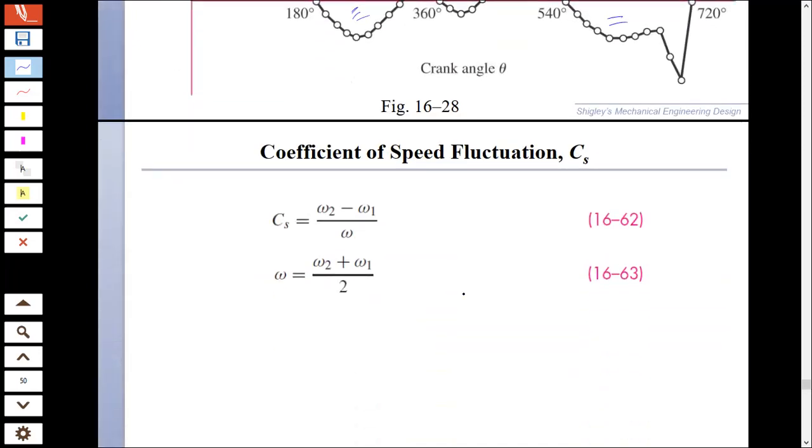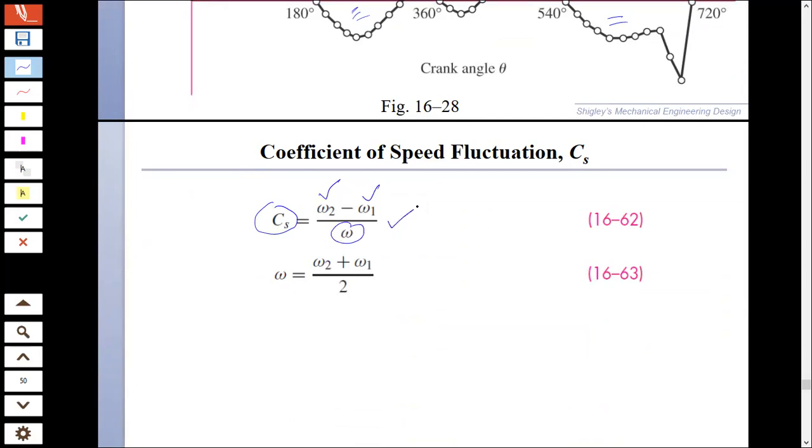Now there are two different quantities that we define here, and those are the CS. CS is the coefficient of speed fluctuation. Now, what is the coefficient of speed fluctuation? This is omega 2 minus omega 1 divided by omega.